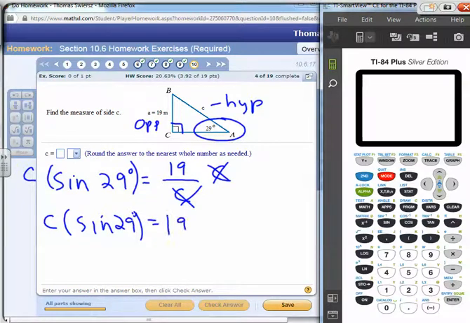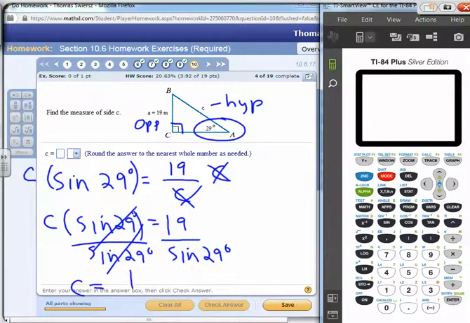Now, since sine of 29 is just one value, you can divide both sides of the equation by sine of 29 degrees. These two values are equal, so you just get 1. So 1 times C is C, so C is 19 divided by the sine of 29 degrees.